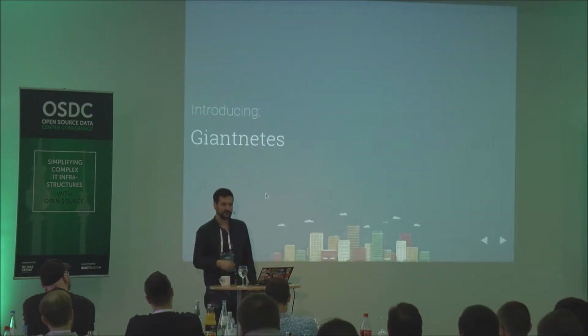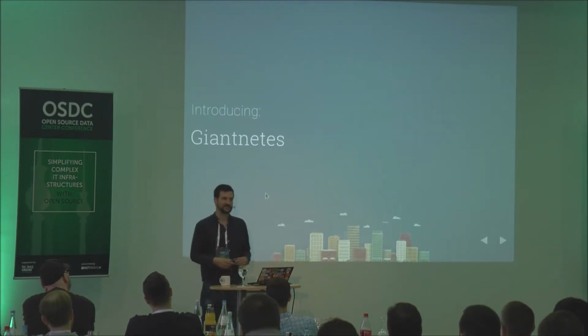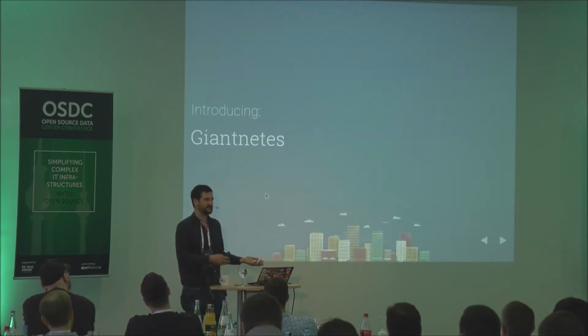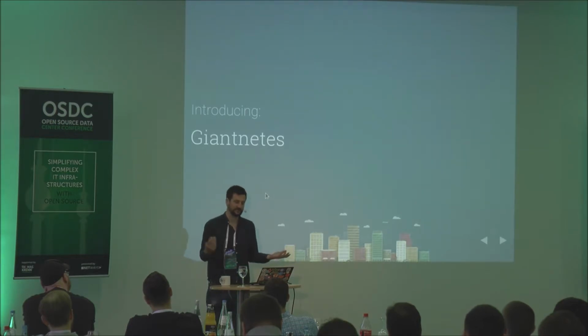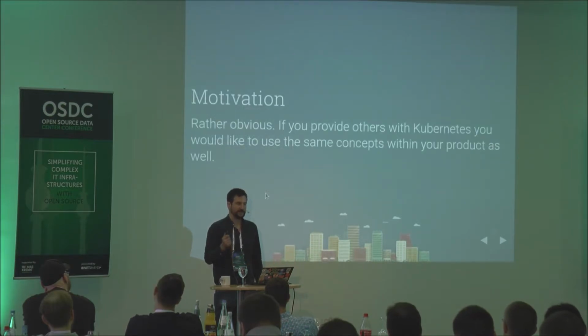So what I'm talking about now is internally called Giant Neatest, because it's the Kubernetes that spawns Kubernetes for our customers and for our clients. And the motivation is quite obvious.